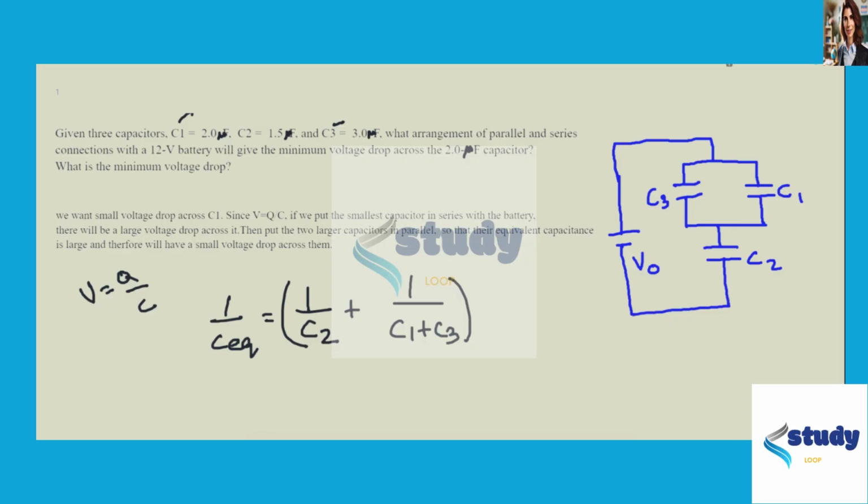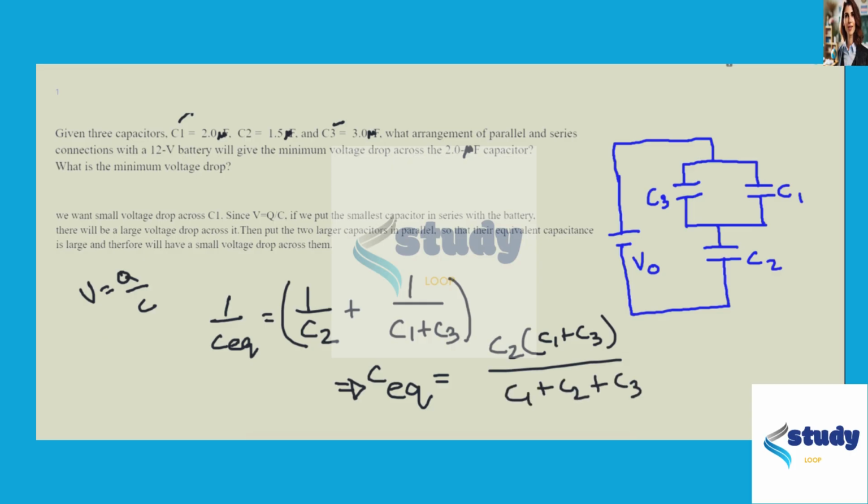And from there, C equivalent will be C2 times C1 plus C3 divided by C1 plus C2 plus C3.